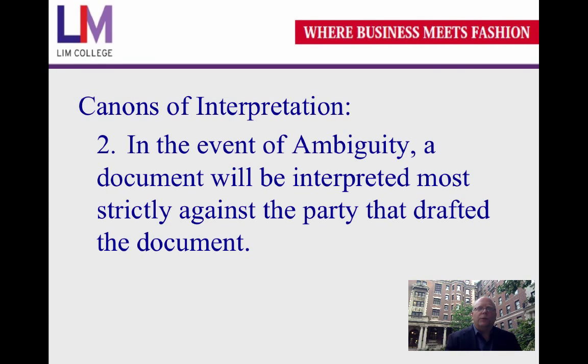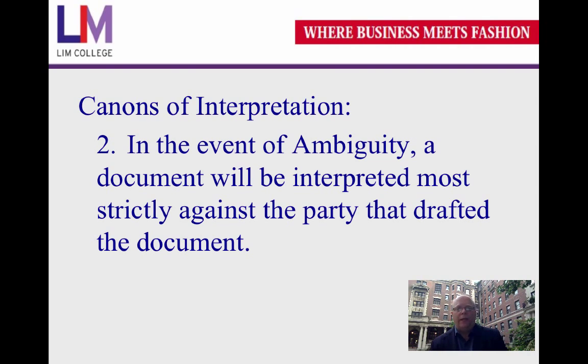Second canon of interpretation is that if there is ever an ambiguity, a document will be interpreted most strictly against the party that drafted the document. An ambiguity meaning if there's a word or a sentence that can be taken two various ways.